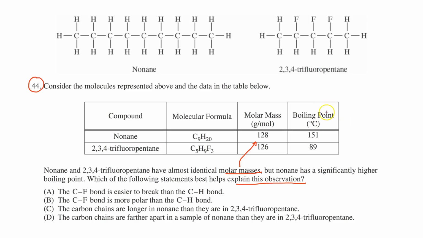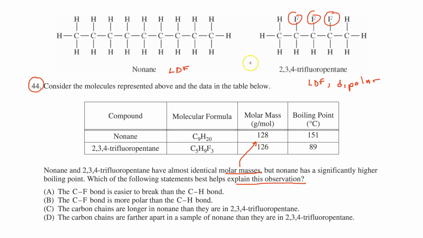It does not. So what's going on here? Even though this has LDFs, it has an additional force of dipolar, meaning it's a polar molecule. And why is it a polar molecule? It has an asymmetrical distribution of charge due to these dipole moments not canceling out. This one is only LDF. So you would expect this one to have a higher boiling point, but it doesn't.